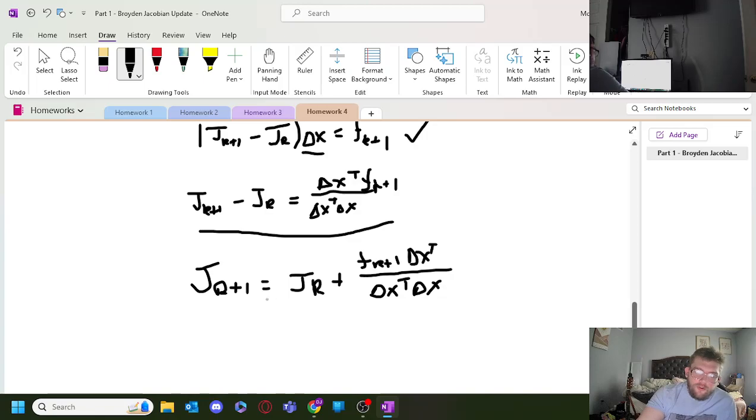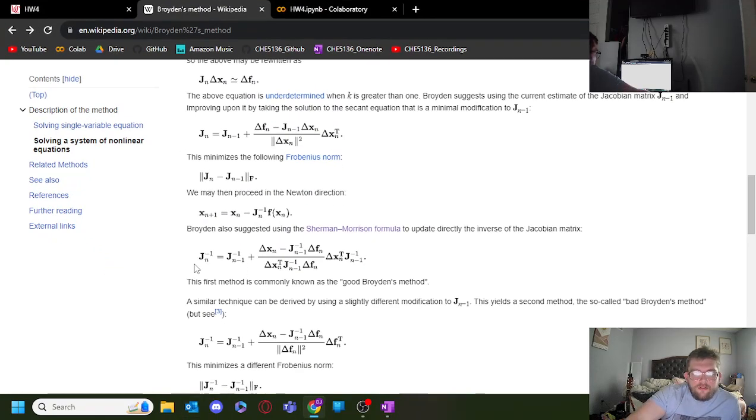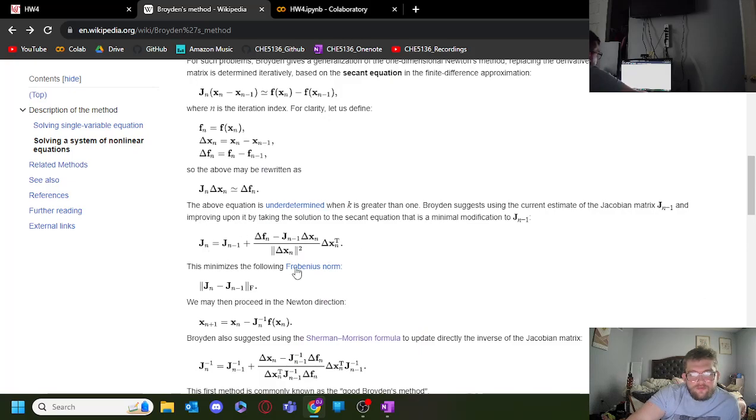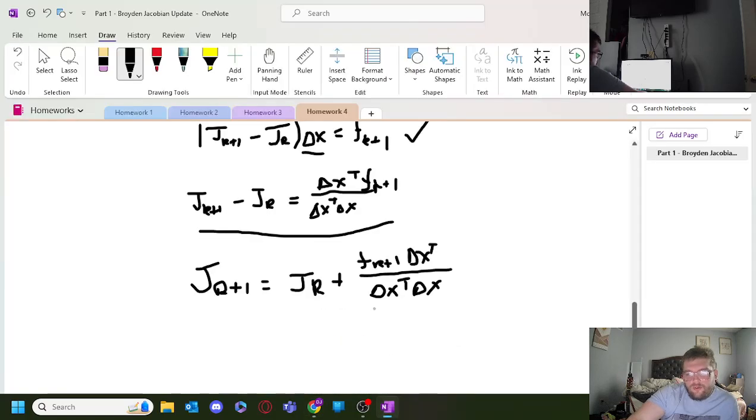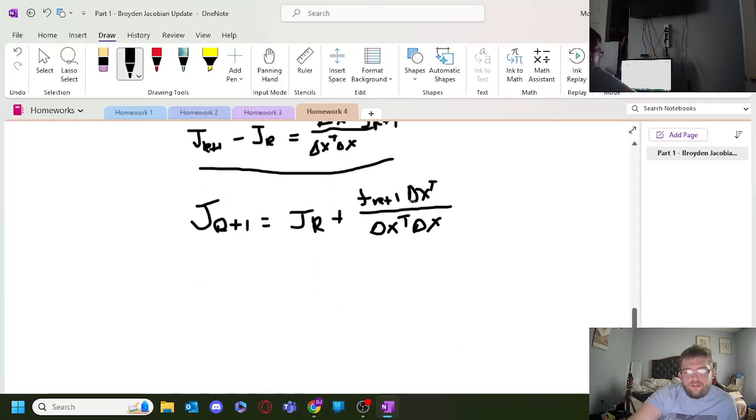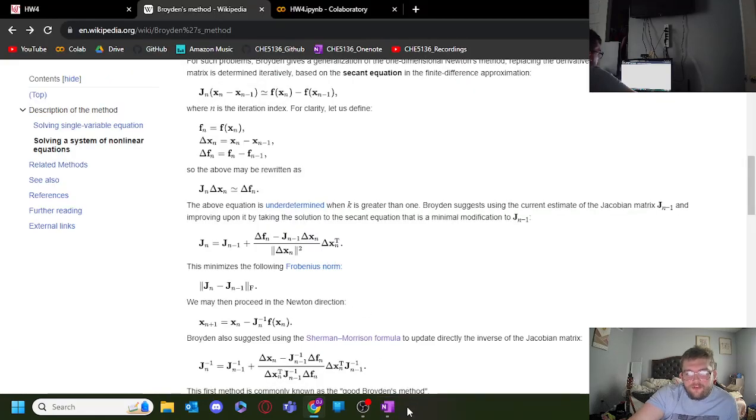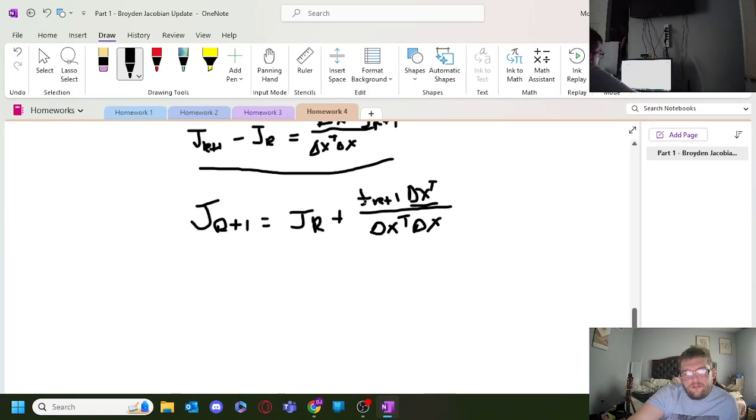Now, you may be wondering yourself, well, this looks nothing like what's on Wikipedia here. So let's go through and see if the two are actually equal. So we got a delta x transpose here, got the delta x transpose here, so we got that covered. So let's look at the numerator first.